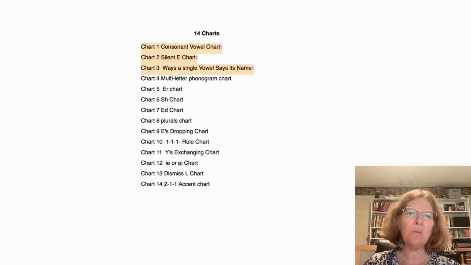Now, as we go through these charts, I'm also going to mention to you that sight words rely on memorization. How many words does a child have to memorize before they can be fluent in reading? I teach English as a foreign language online, and I can tell which students have had phonics and which have not, because the students that have phonics can, 90% of the time, sound the word out correctly.